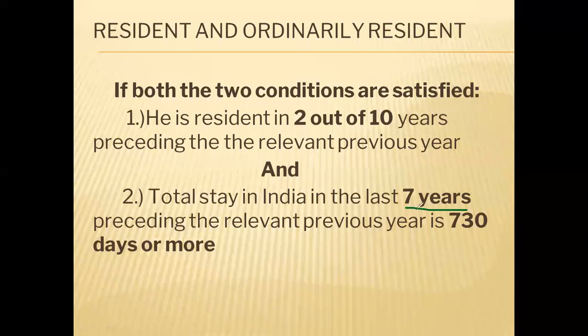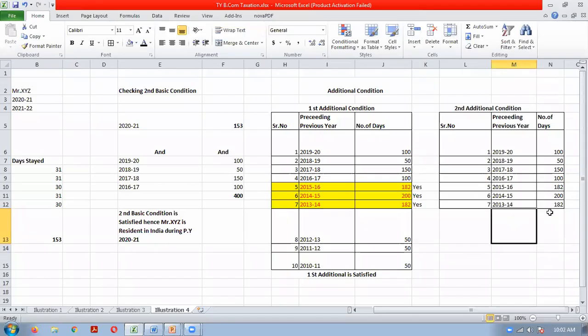In 7 years, the total should be minimum 730 days. So if in the past 7 years XYZ has stayed in India a total of 730 days minimum, then this condition will also get satisfied. So this is a simple condition. Just total these 7 years and see, we have got the answer.